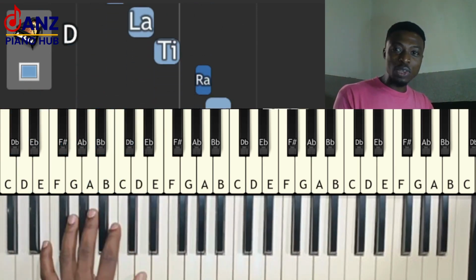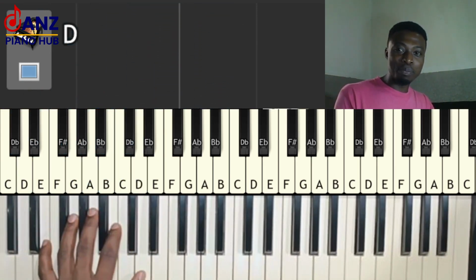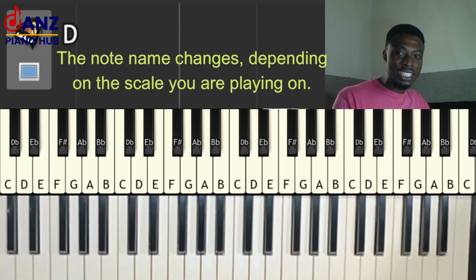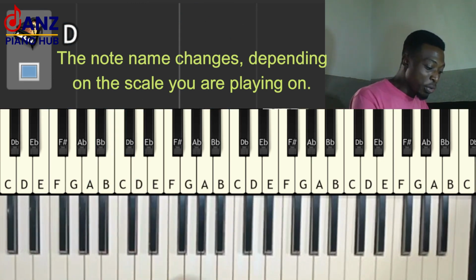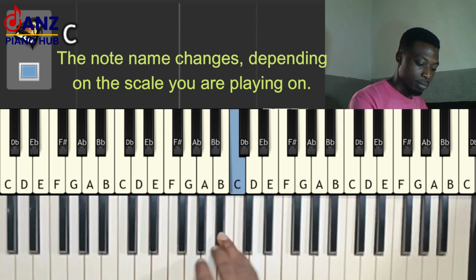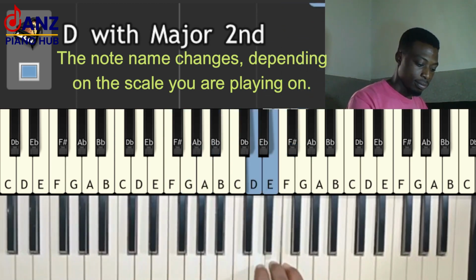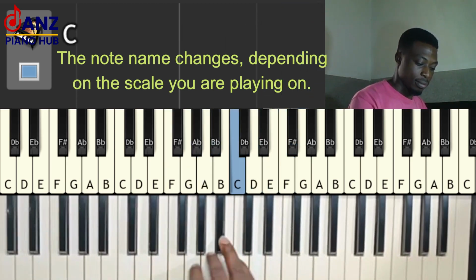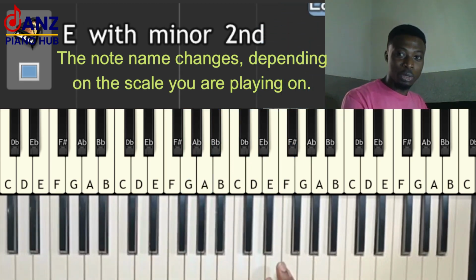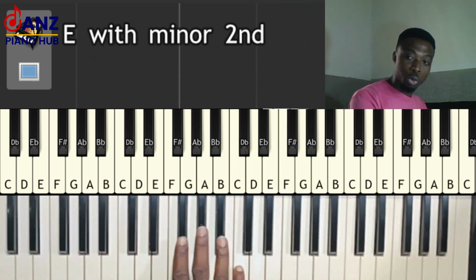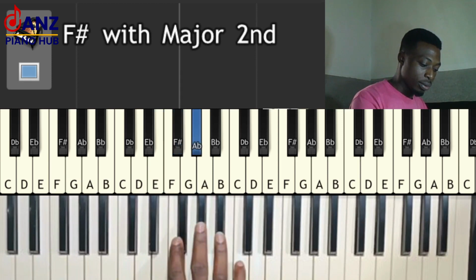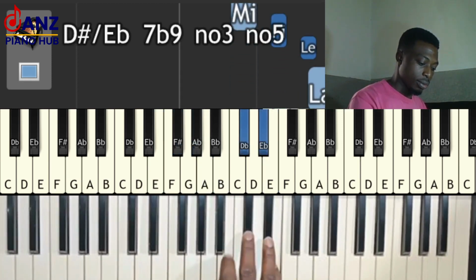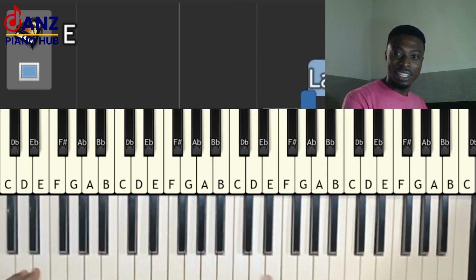So it depends on the scale you are playing. The note name shifts, it changes depending on the scale that you are playing. If you go to F, for example, you see that it has changed. Or if you come to E, for example, you see Do, Re, Mi.